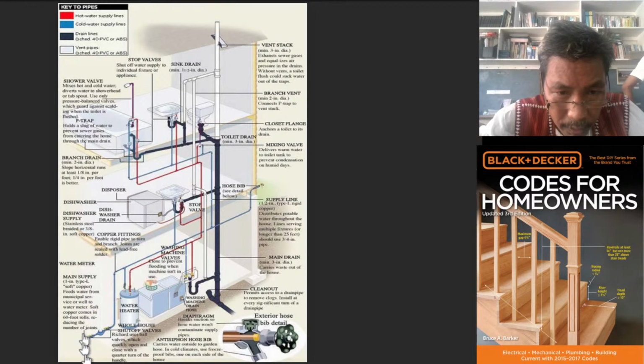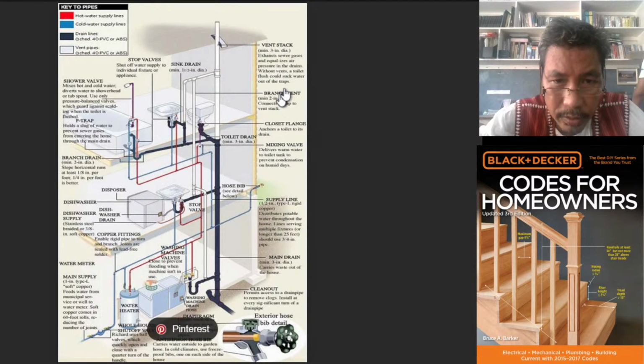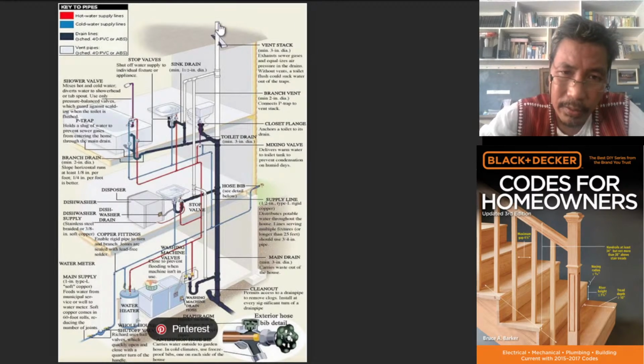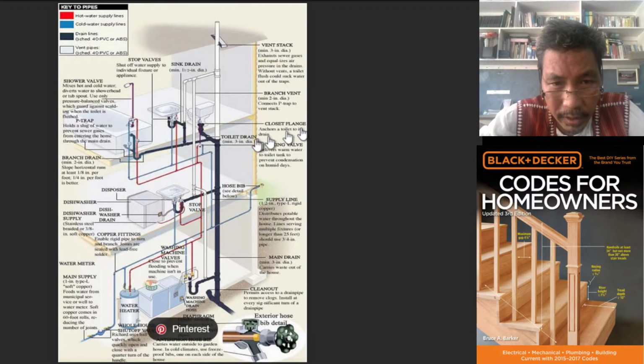Again, we have main drain, clean out, exterior hose, branch vent, closet flange, mixing valve, vent stock. The vent stock is going up. A sink drain, stop valves, shower valve, P-trap, branch drain, toilet drain, hose bib.